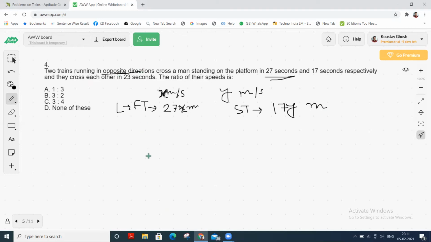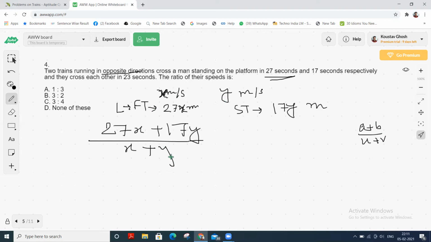They are in opposite directions, so the total length by relative speed. Recall the formula, a plus b by relative speed in opposite direction, so 27x plus 17y by their speeds x meter per second and y meter per second, so x plus y.